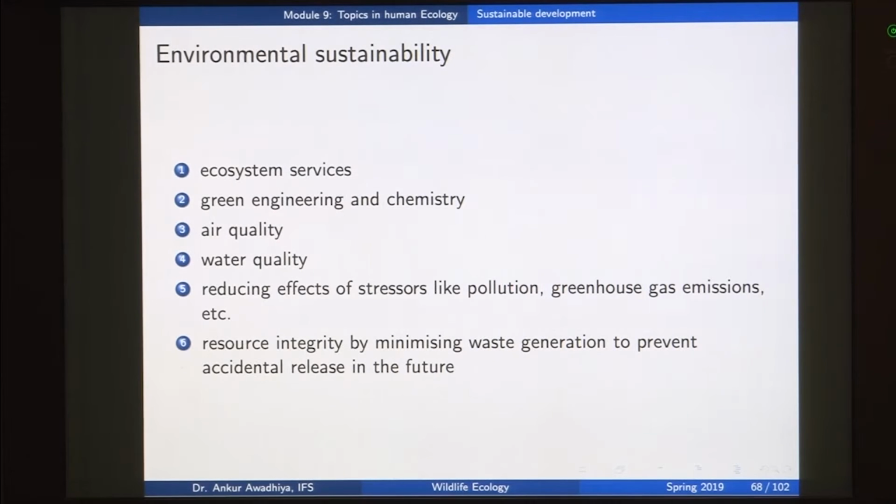When we talk about environmental sustainability, we are talking about things like ecosystem services. What are the services that are being provided by the proper functioning of an ecosystem? Things like oxygen. Oxygen is given by the plants when they are doing photosynthesis. So, when we are talking about environmental sustainability, we need to have an ample number of plants so that we are able to get an ample amount of oxygen, or services that are provided by biodiversity such as pollination.